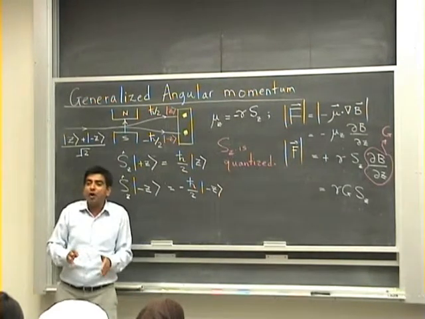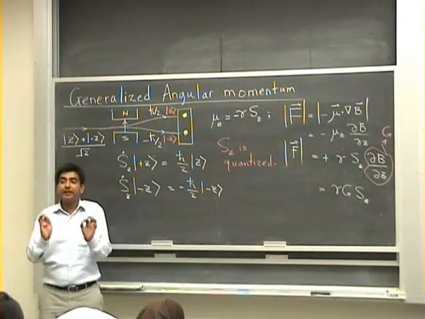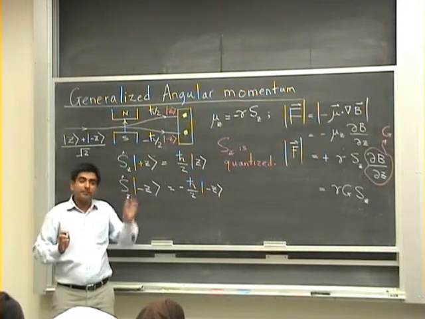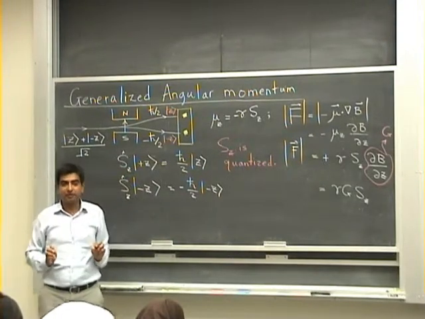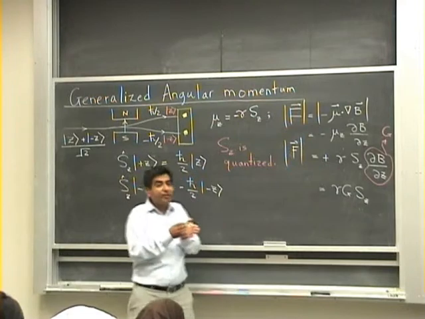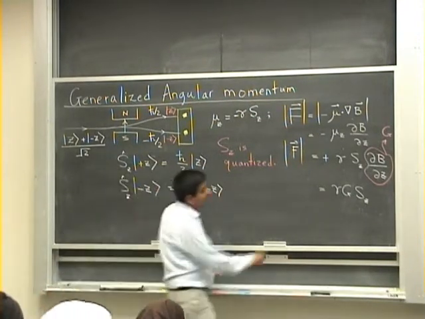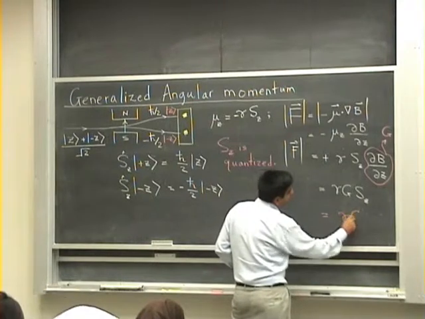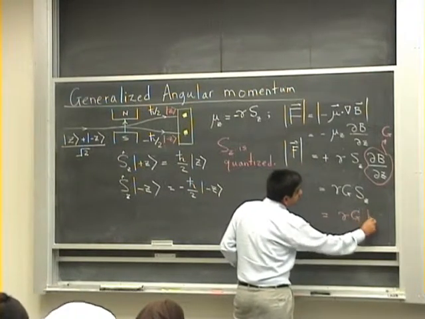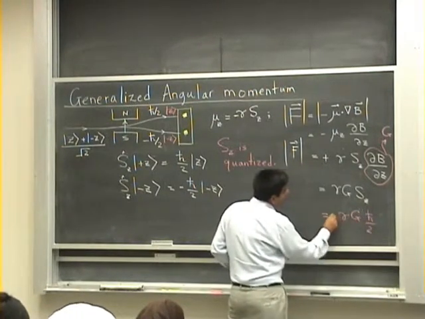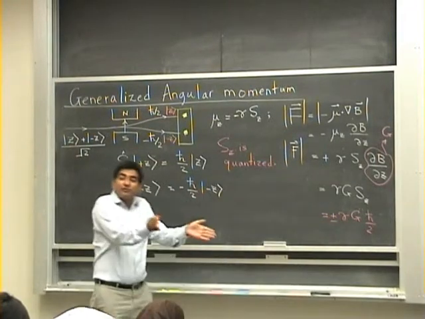It cannot take on arbitrary values. It can only take up two definite values, plus h bar over 2 and minus h bar over 2. So the force that is acting on these electrons can only take up two possible values. Gamma G Sz can be plus h bar over 2 or minus h bar over 2. So the force is quantized.